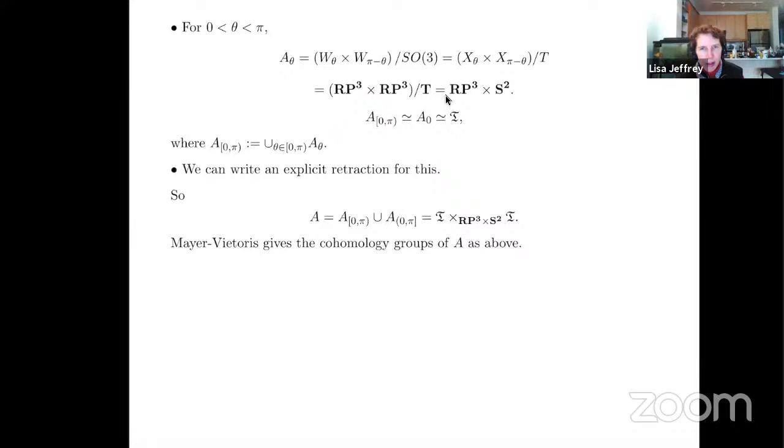So we can write A as the union of two copies, open interval from 0 to pi, and open interval starting not including 0 to pi. So we have a decomposition of this into two subsets which intersect in RP3 cross S2. And basically we use Mayer-Vietoris applied to this decomposition.